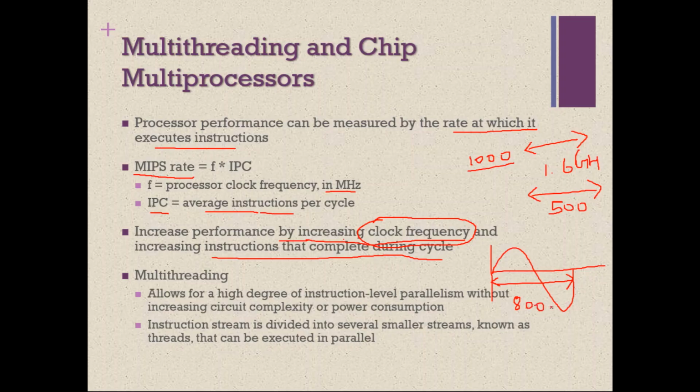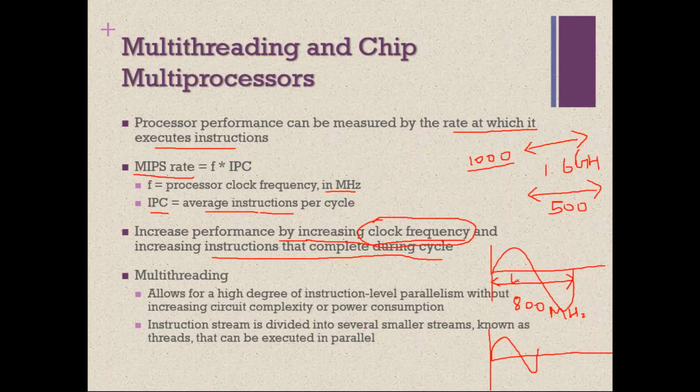Now if we improve the clock frequency to 1.6 gigahertz, then one clock cycle will complete by this time itself. It won't take that much time now. That is what is called improving the clock frequency. Previously, one clock cycle was taking this much time, which you can calculate as 1 by 800 megahertz.